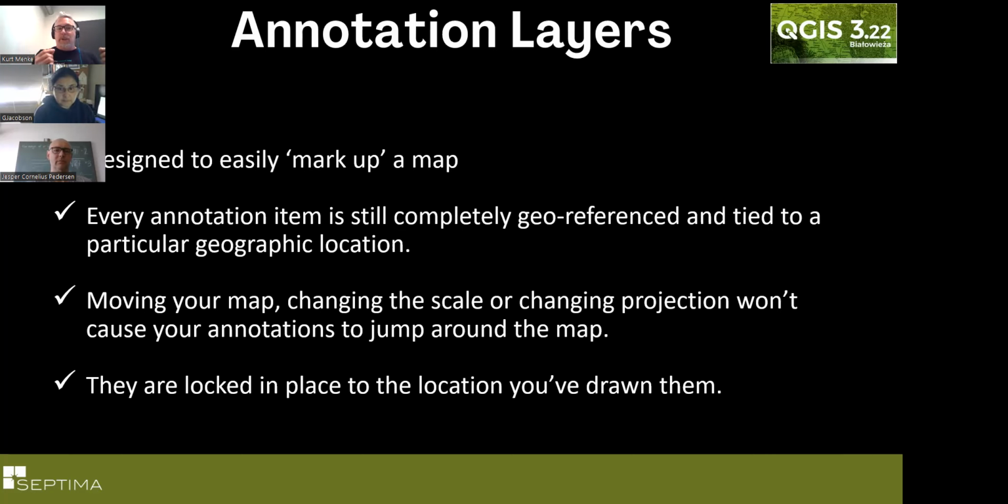They'll just be these little annotations, which means they're basically graphics that are stored in the project. And they aren't actually GIS layers. So that's the philosophy behind annotation layers. They're still geo-referenced. So as you pan and move the map or zoom in and out, they're going to scale like an ordinary GIS layer will.